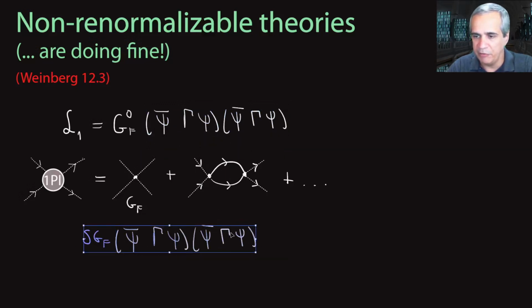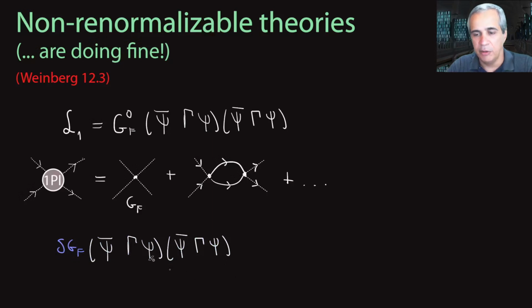And with appropriate renormalization conditions, I can make the contributions from the counterterm cancel the divergences here and define a particular measurable coupling constant, the Fermi constant, which at some particular reference point in energy I can measure.